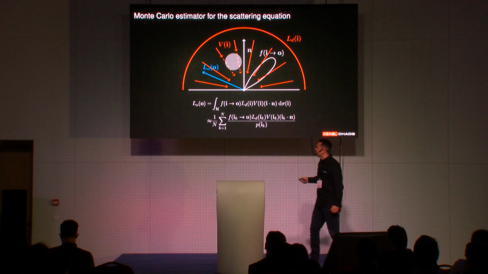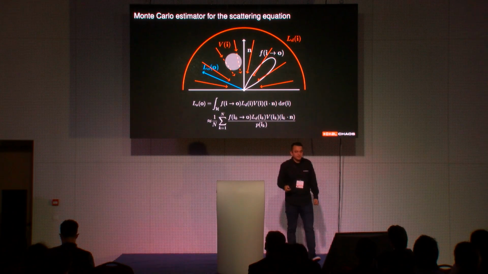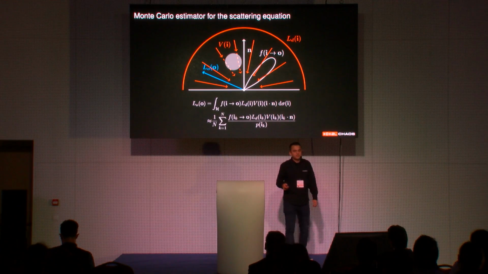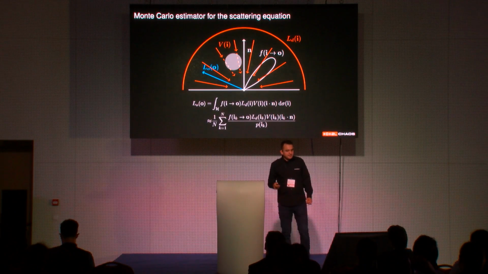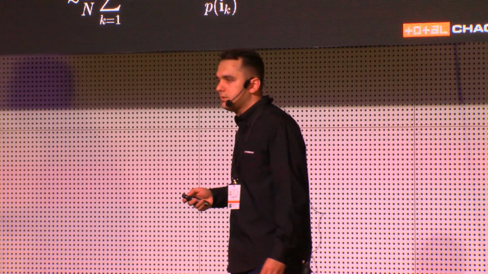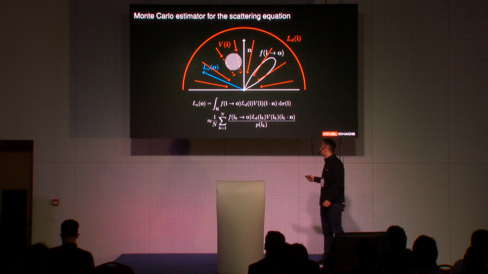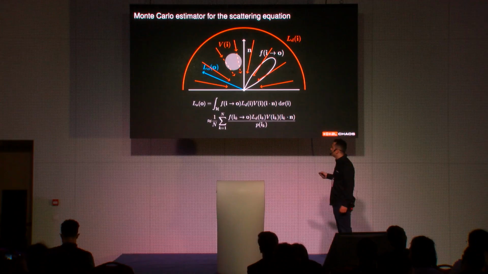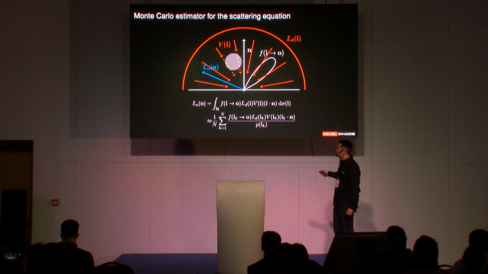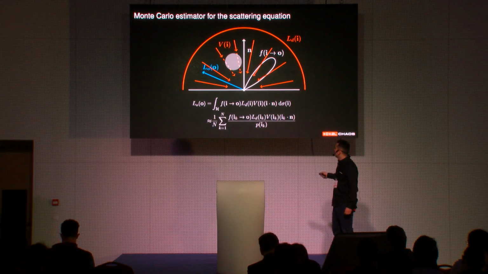So we have here the integral, the scattering equation that we wanted to solve. And this is the most simple way to discretize it, the most simple form of the Monte Carlo estimator. It's just a sum over samples, and we compute the function which is under the integral.